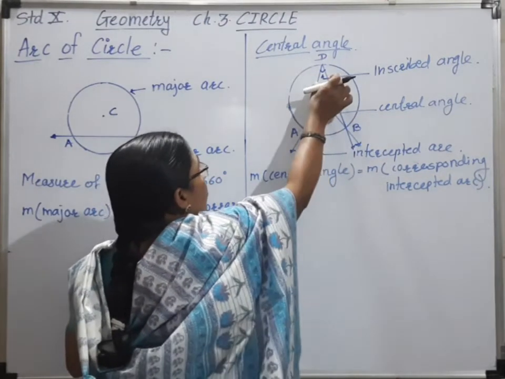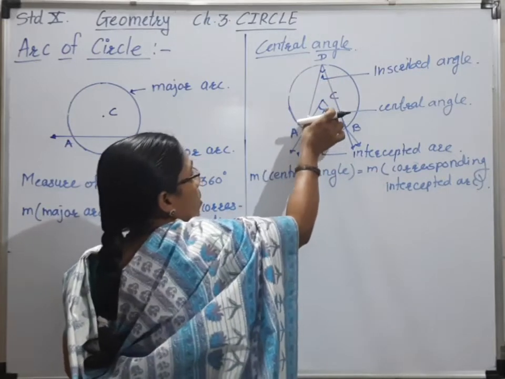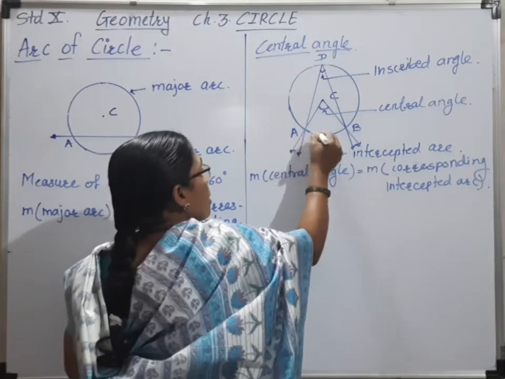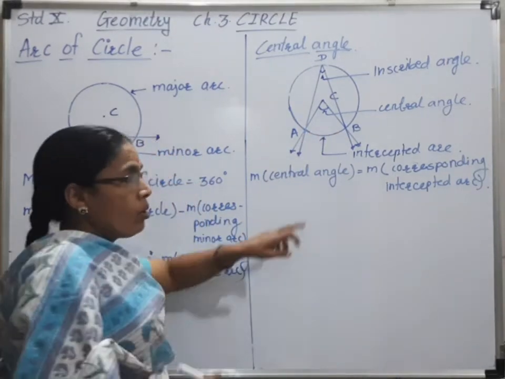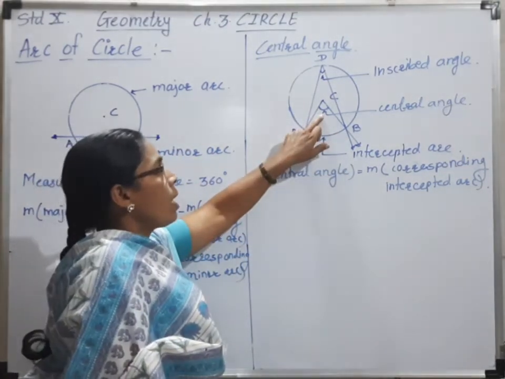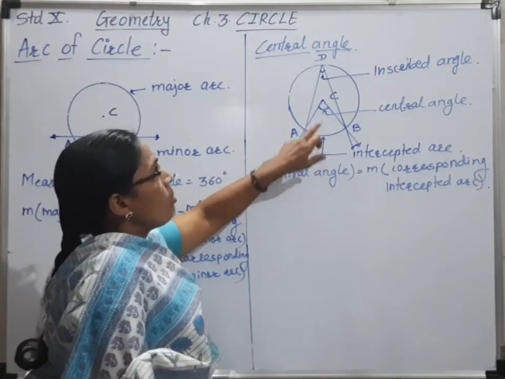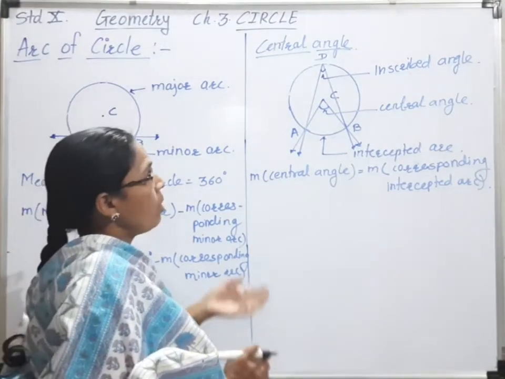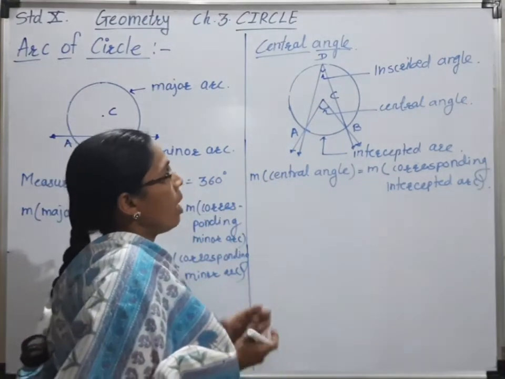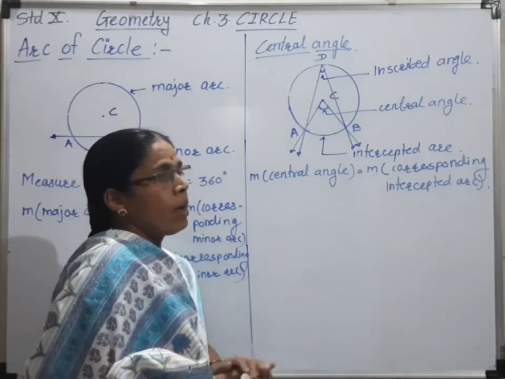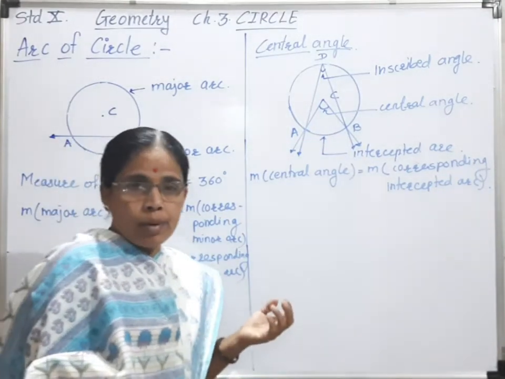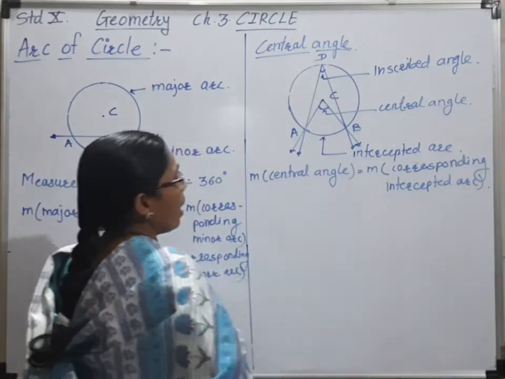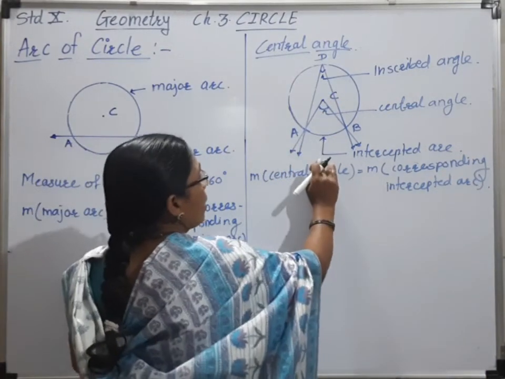Again, the part of the circle which is between the two arms of that angle is the intercepted arc. This arc is intercepted by this central angle, and this arc is also intercepted by this inscribed angle. We already learned in the previous class the relation between the inscribed angle, central angle and intercepted arc.